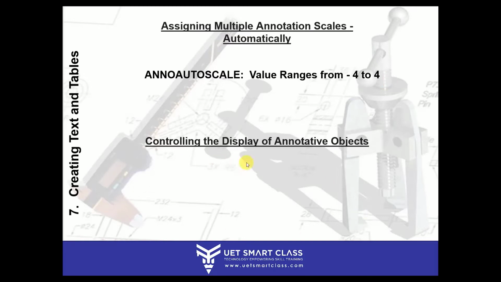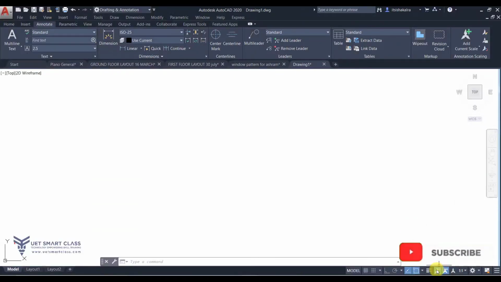And the last topic for today's session is controlling the display of annotative objects. You can control the display of annotative objects by the third button, show annotation objects. When you switch this on, it will always show the annotation objects, displayed according to the previous annotation scale applied to them.